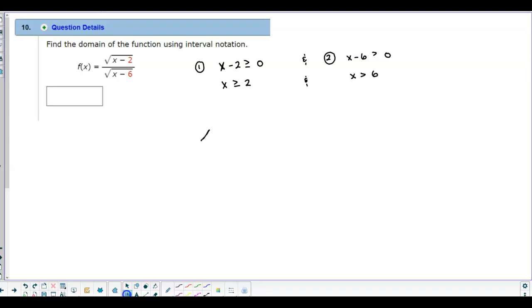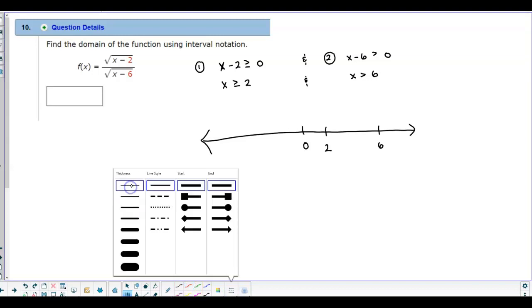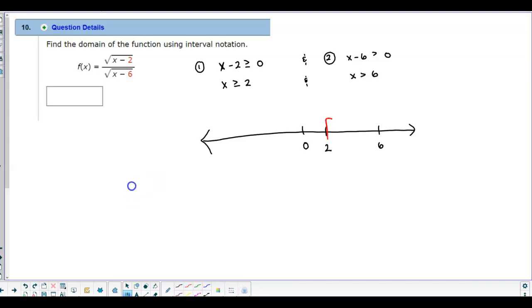So let's go ahead and graph this. So on our number line, we have the value of 2, and then we have the value of 6. So at 2, we have a bracket going towards positive infinity.